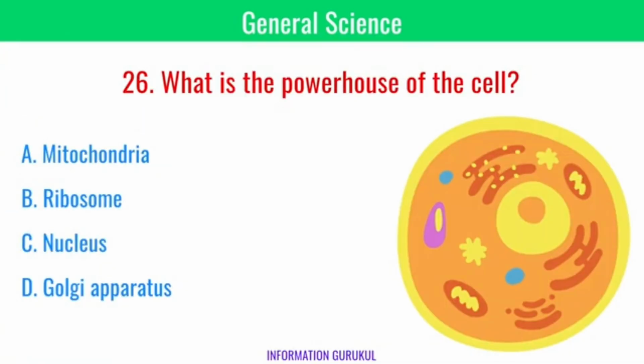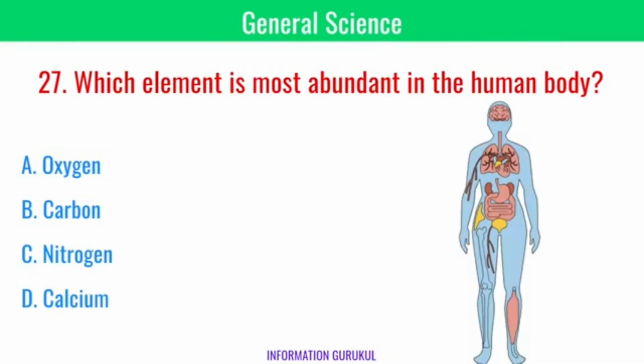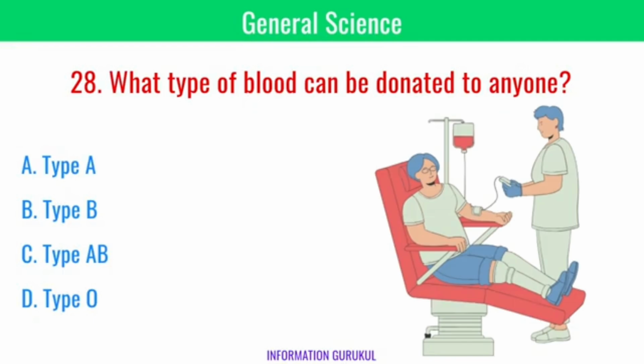What is the powerhouse of the cell? Mitochondria. Which element is most abundant in the human body? Oxygen. What type of blood can be donated to anyone?